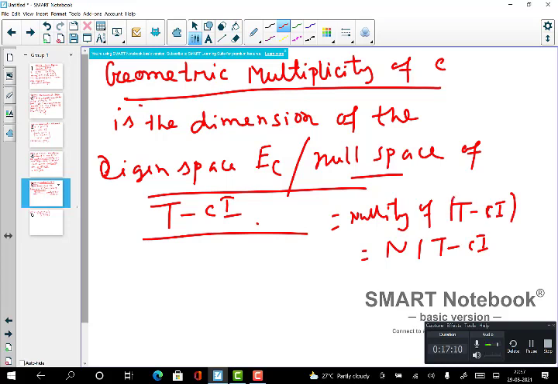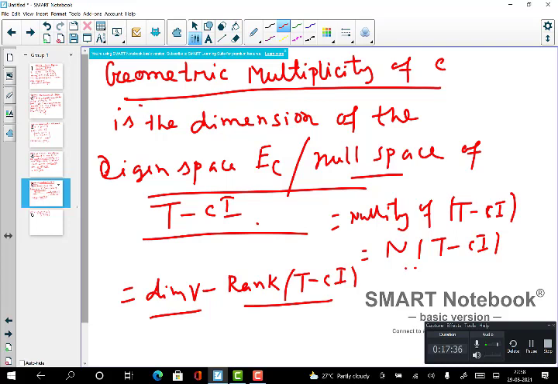If the dimension of V is n, you can write this as dimension of V minus the rank of T minus cI. The rank of the matrix is easy to find out, right? Rank is the total number of independent rows or independent columns. That is easy to find compared to nullity.